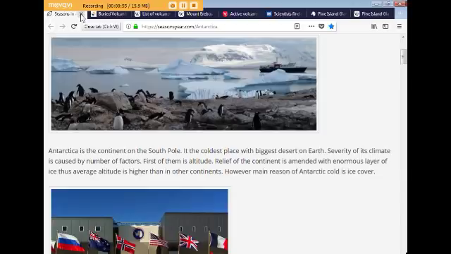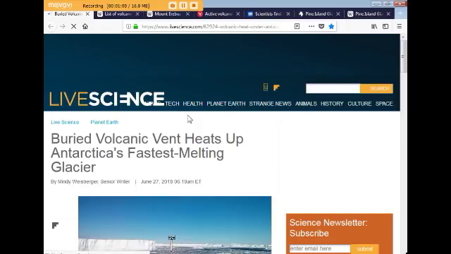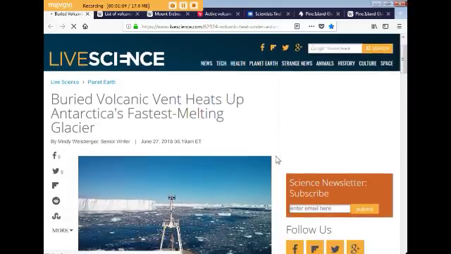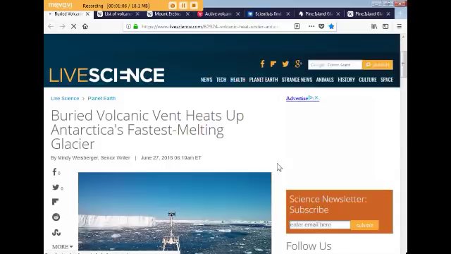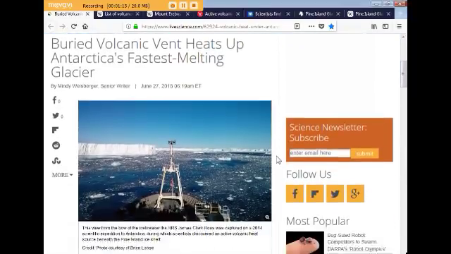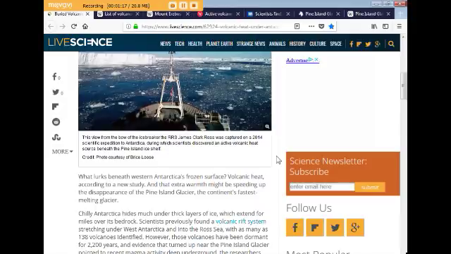So now the next part I want to look at is buried volcanoes. Here's an article from Live Science talking about a buried volcanic vent heating up Antarctica's fastest melting glacier, and they're referring to the Pine Island Glacier here.